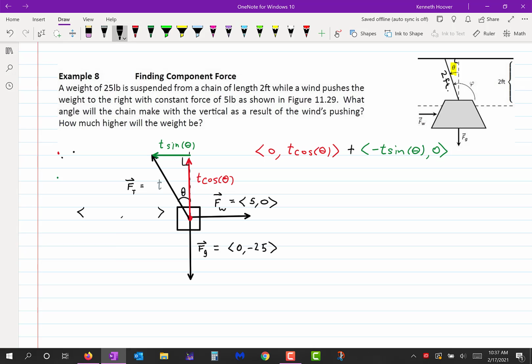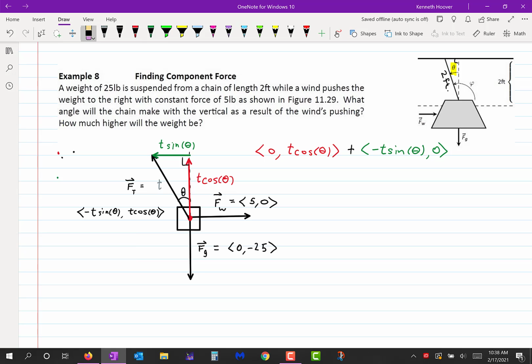It should have been negative T sine theta, comma, T cosine theta. Okay, well, there's a good lesson to write down what you're adding together to make sure you add it correctly, because I didn't pay attention to the order that I was writing those two components, which was silly of me, and I also forgot the fact that the green one is pointing to the left, so that component is negative. Okay, so there we go.